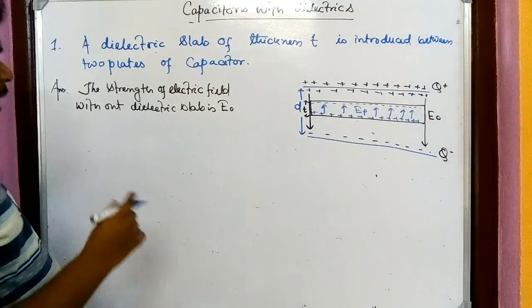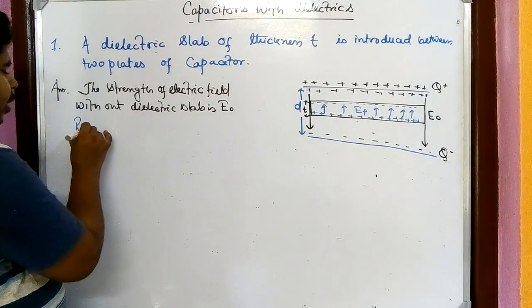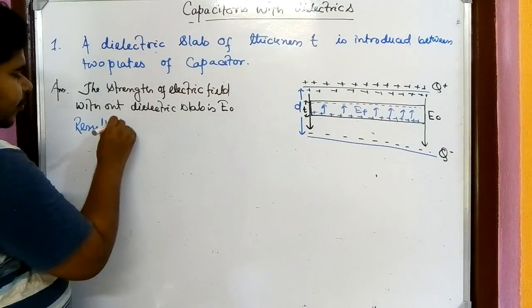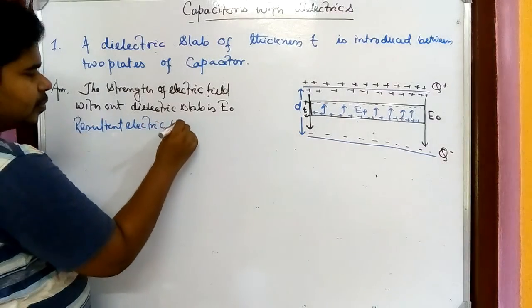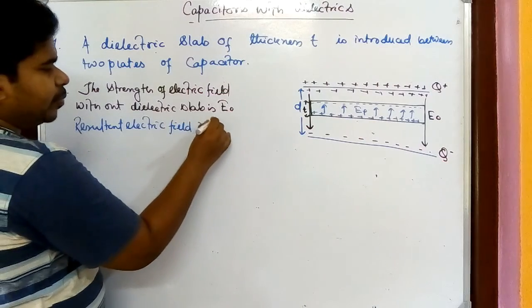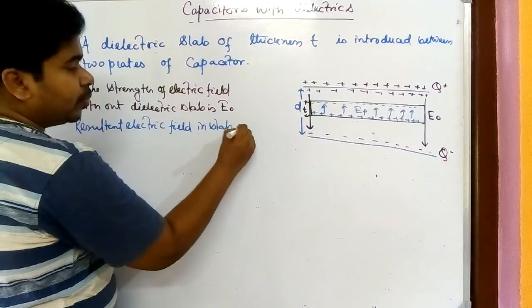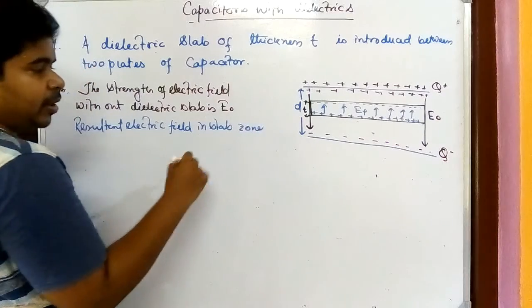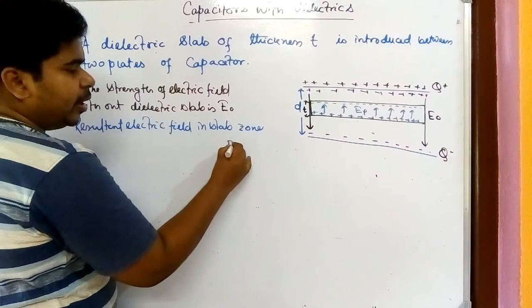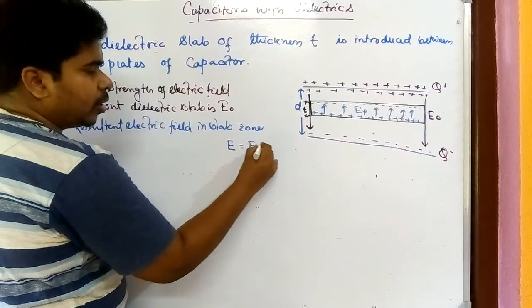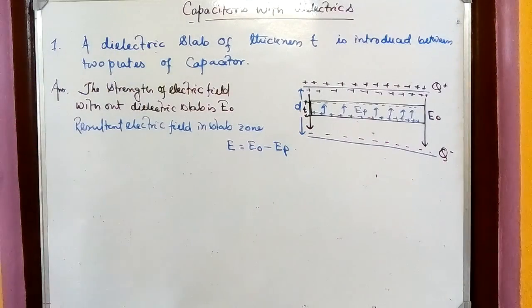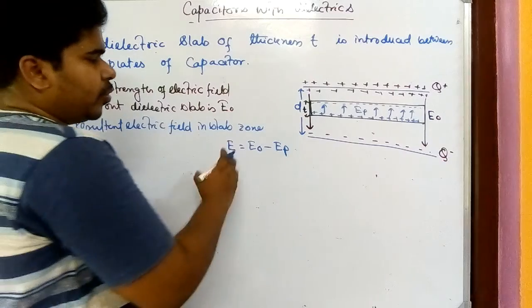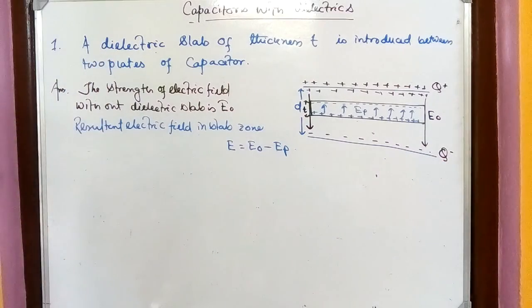So the resultant electric field in the slab zone, meaning the dielectric slab, is definitely E equals E naught minus EP. E naught is acting downward, EP is acting upward, so it is E naught minus EP.